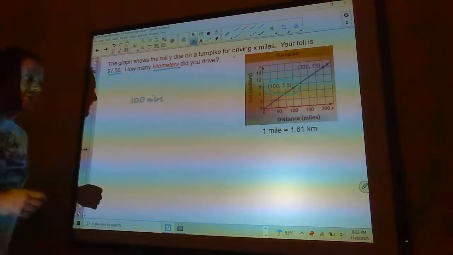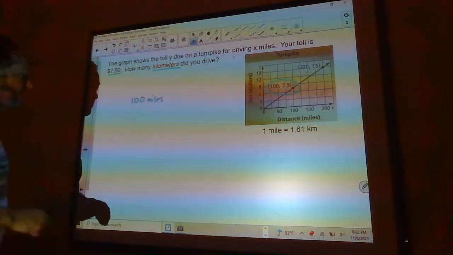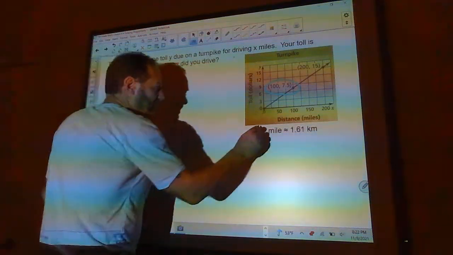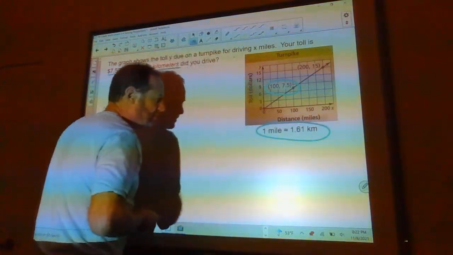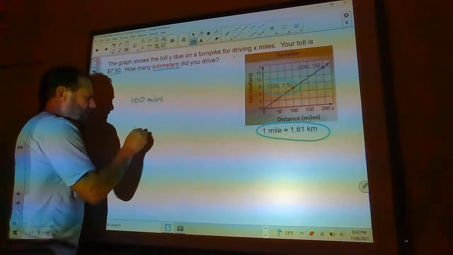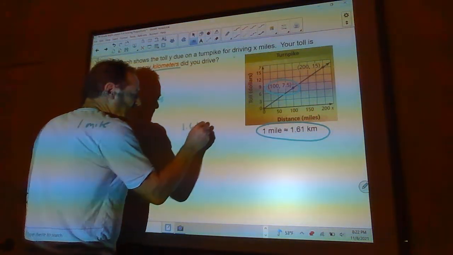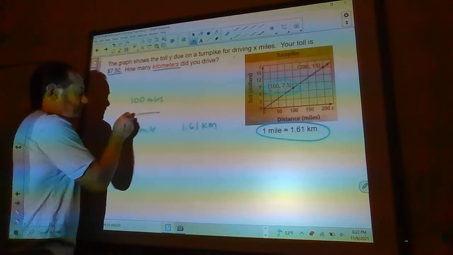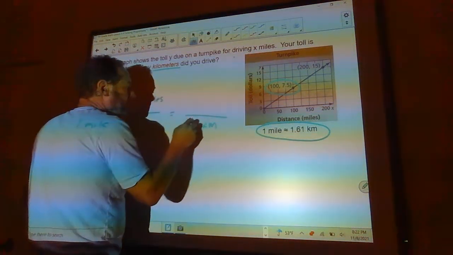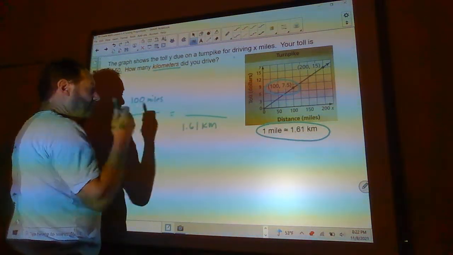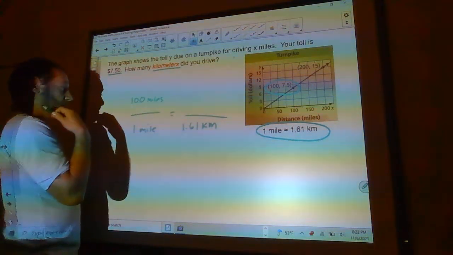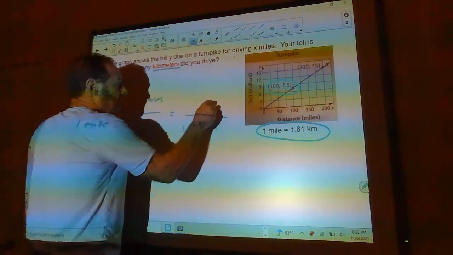Now I want to know how many kilometers that is. Well, I also know from right here, and this is one of those things where you've got to look at the caption, that 1 mile is 1.61 kilometers. Now you could make a proportion here and figure out how many kilometers.